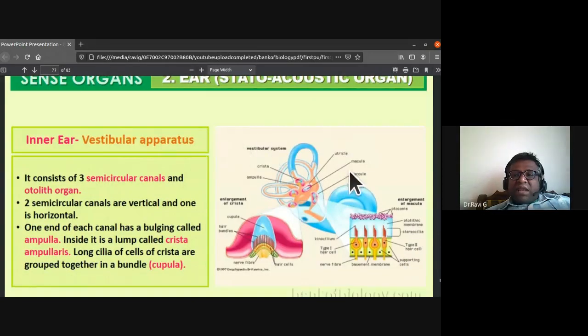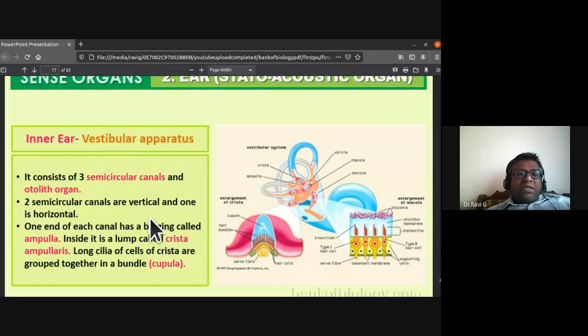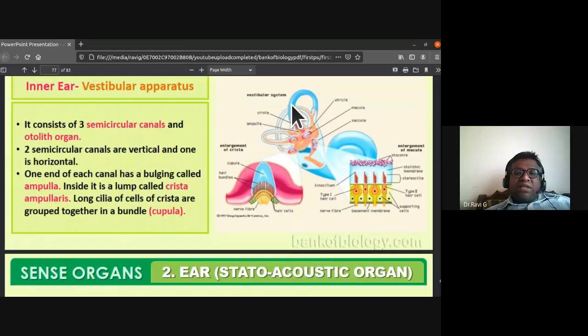The next part of the inner ear is the vestibular apparatus. It consists of three semicircular canals and otolith organs. Two semicircular canals are vertical and one is horizontal.